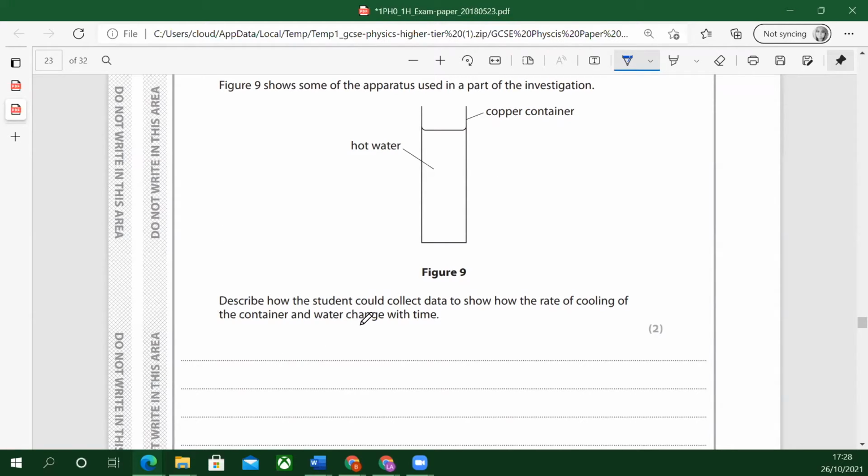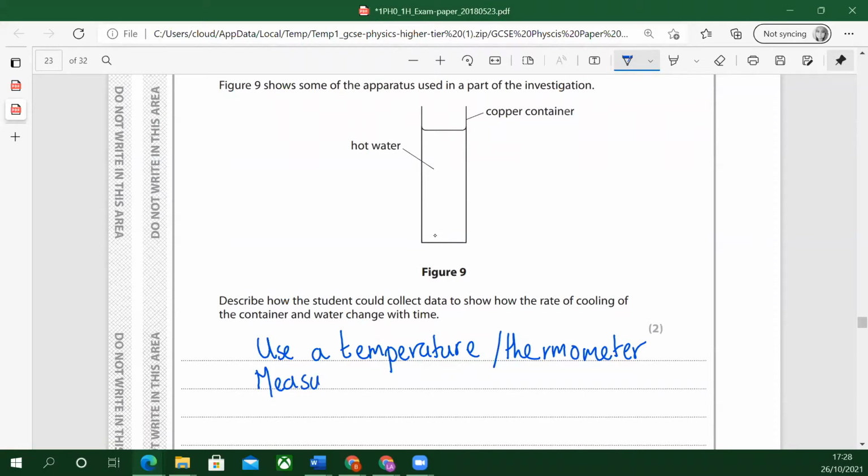So it's actually a very easy, straightforward question. You need a temperature sensor or thermometer. So use a temperature sensor or thermometer. Then measure the temperature at regular time intervals. That's actually a key point to get the marks here: measure the temperature at regular time intervals.